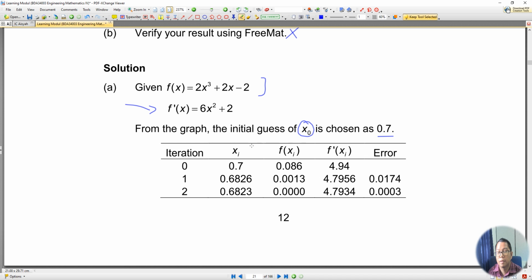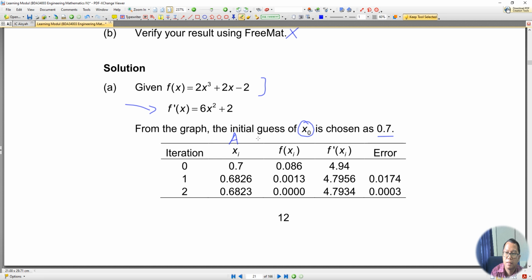Again, first you have to construct the table for the Newton-Raphson method. The first column is the iteration, starting from 0, 1, 2. A very short one, only 2 or 3 iterations. Then we have x_i, f(x_i), and f'(x_i).